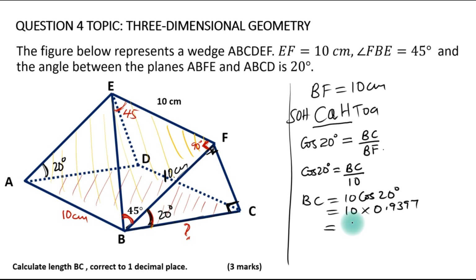This will be multiplied by 10, that will be 9.397 centimeter. But the question requires 1 decimal place. So BC will be equal to 9.4 centimeter.